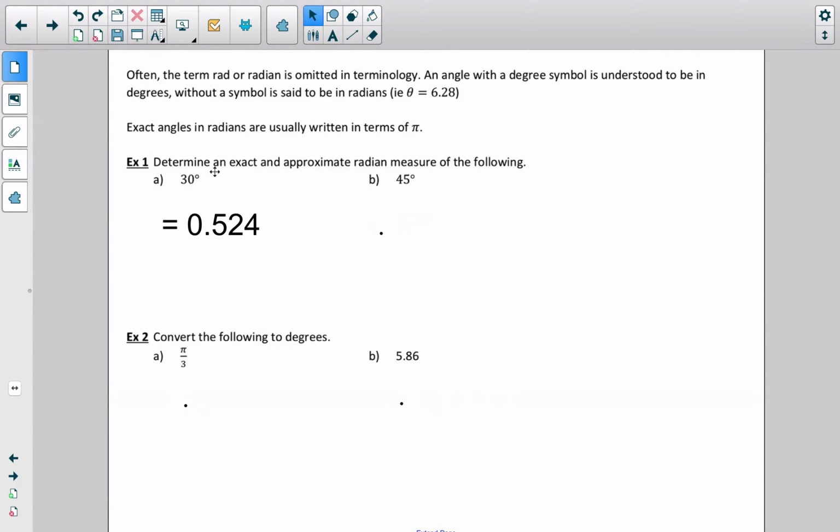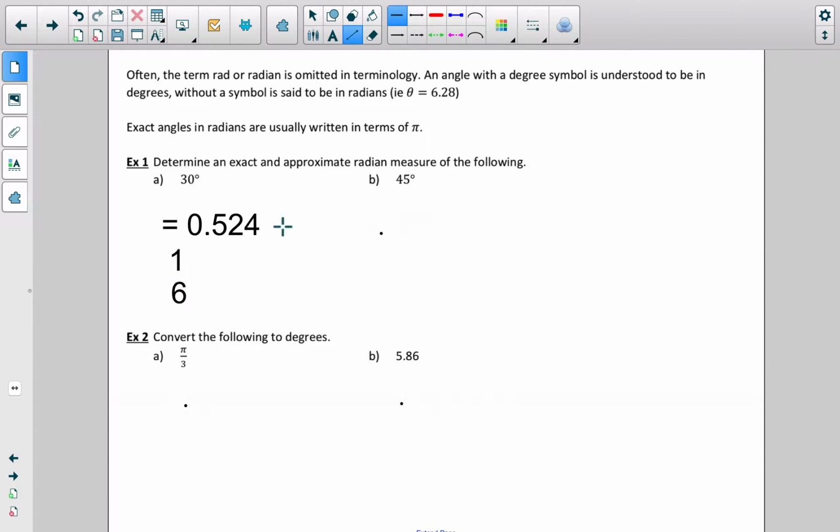So if I was looking at this and I divided it by 180, well, 30 divided by 180 is going to reduce down to 1 over 6. And it would be 1 over 6 pi, or pi by 6.